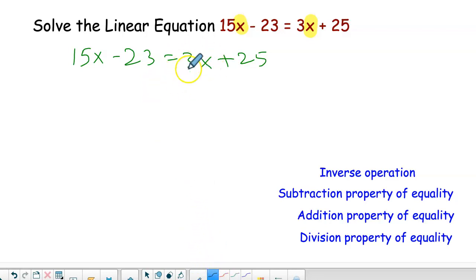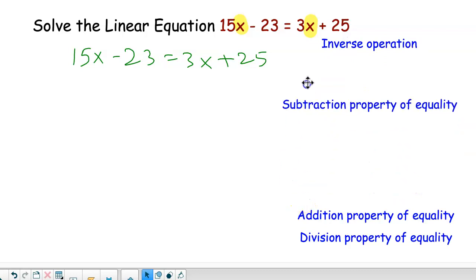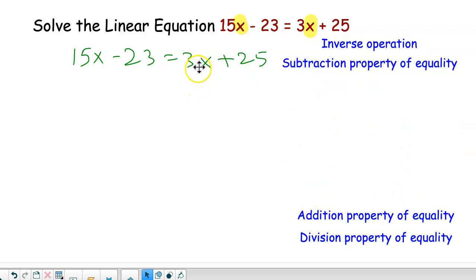First, let us cancel this 3x from the right hand side. So to do that, I have to go for the inverse operation. And what is the inverse operation of this 3x? No sign is there, that indicates that this is a positive 3x.